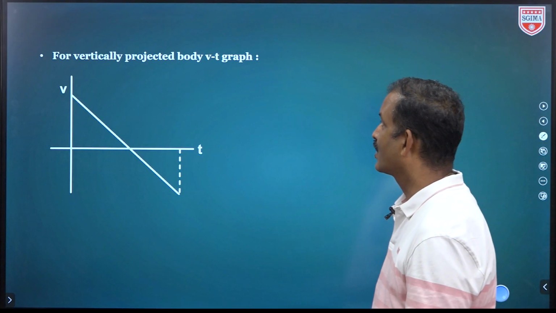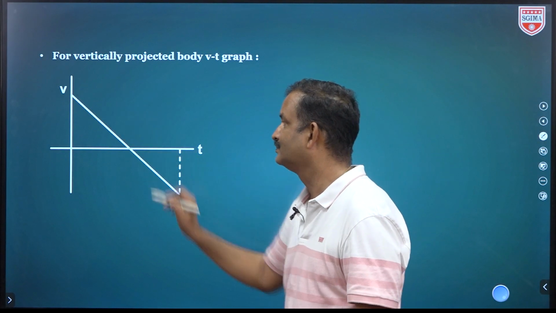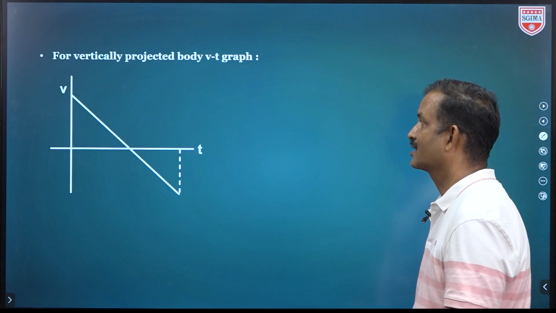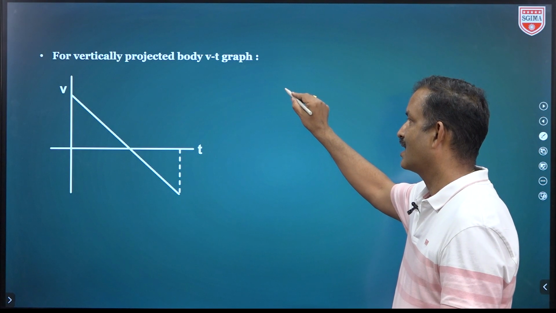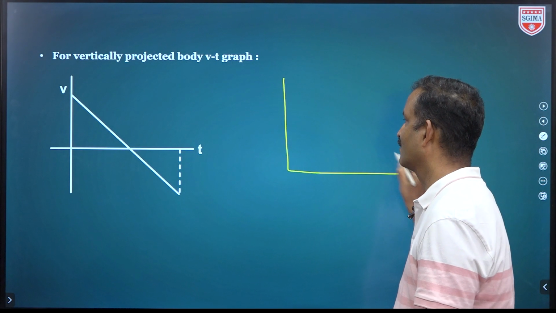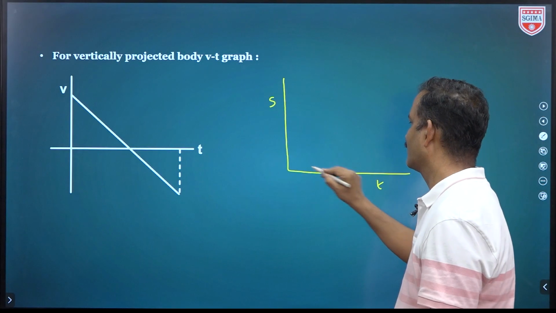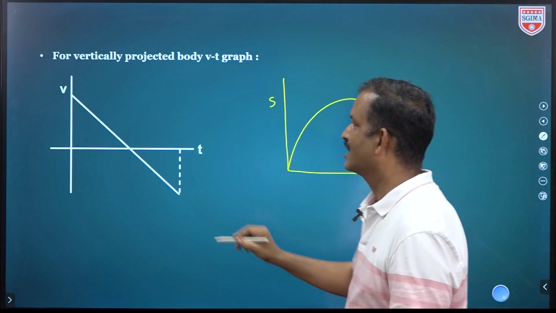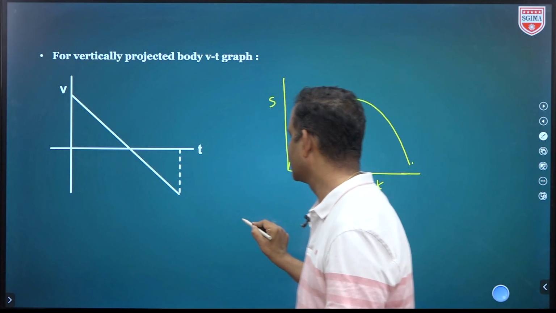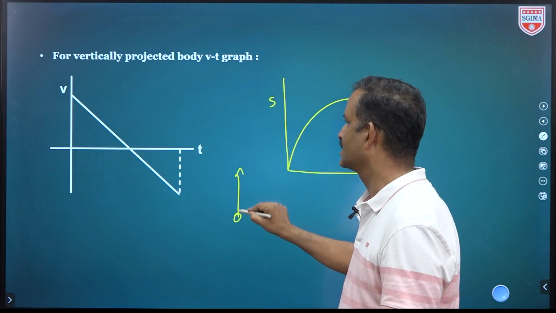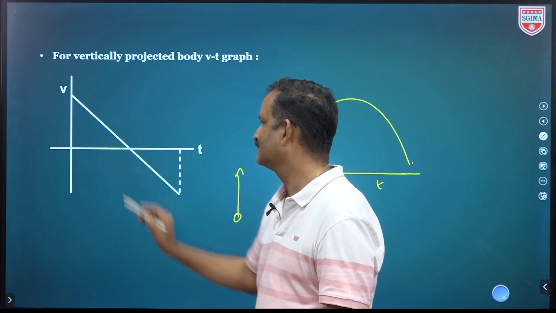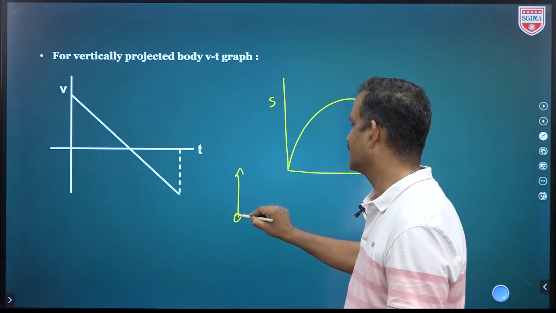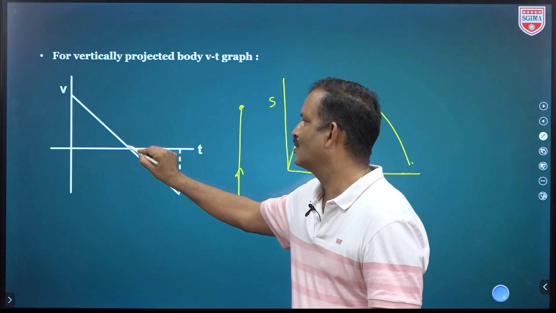Vertically projected body, velocity time graph. Already we drew the displacement time graph; that graph is in this way. But in the velocity time graph, for a vertically projected body, velocity is first positive. It reaches the highest point, where velocity is 0.